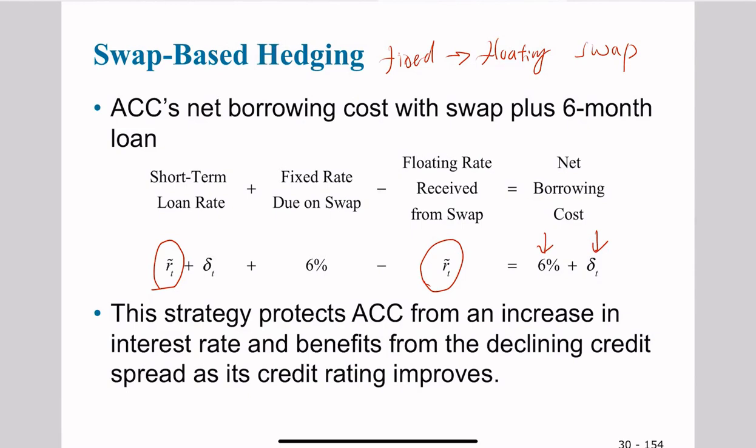And this is exactly what the firm wants to have, right? Because it locks in this low interest rate and it can enjoy the decrease in delta_T because of its improved credit rating.